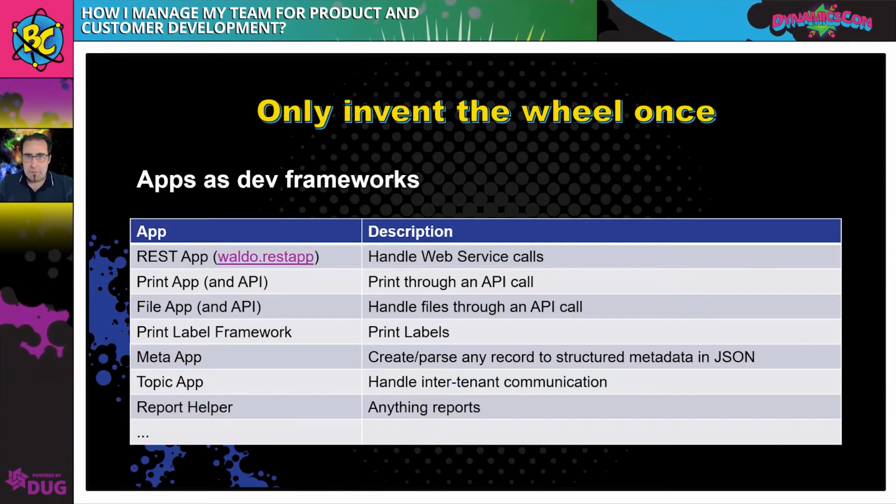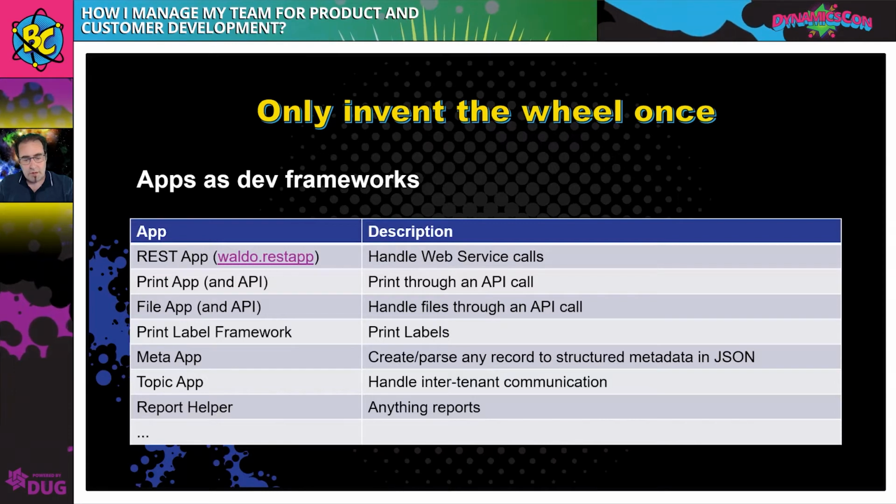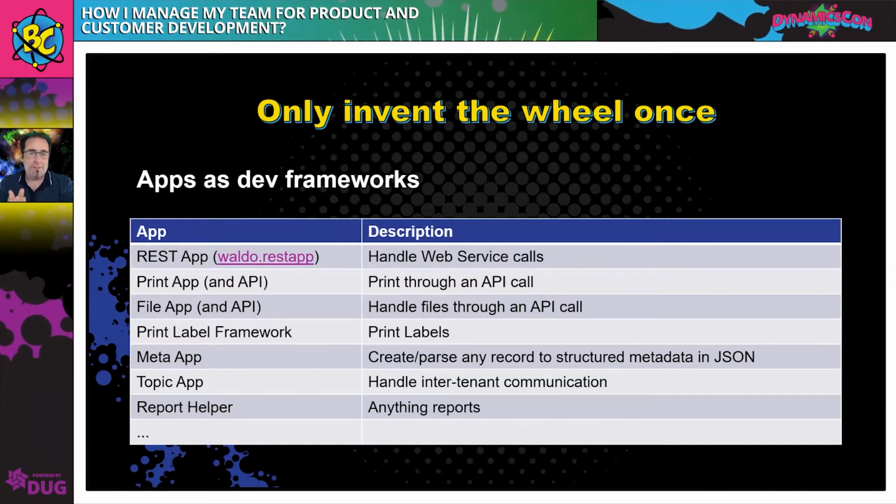Same for file handling. Remember when I said it needs to be cloud ready? Everything that's the bar needs to be cloud ready. Also printing, also file handling. So we created some kind of API that we can talk against to handle files on the local drive, for instance. Print labels, the meta app, topic app, which is quite interesting actually, but it would take me a few hours to explain.